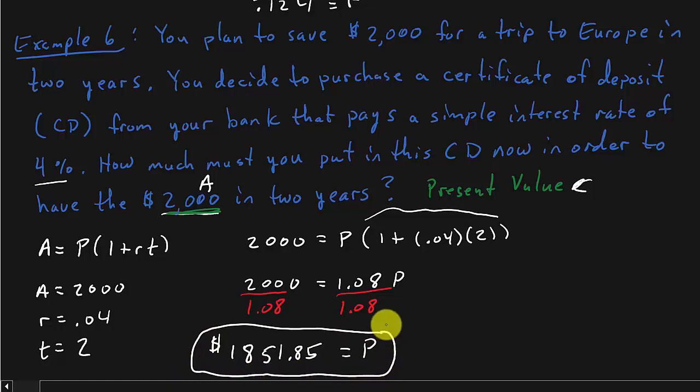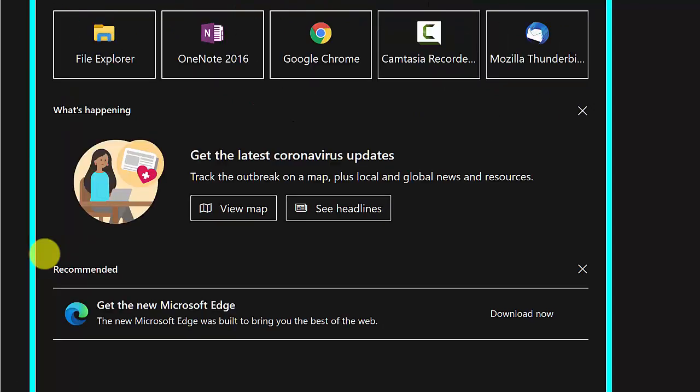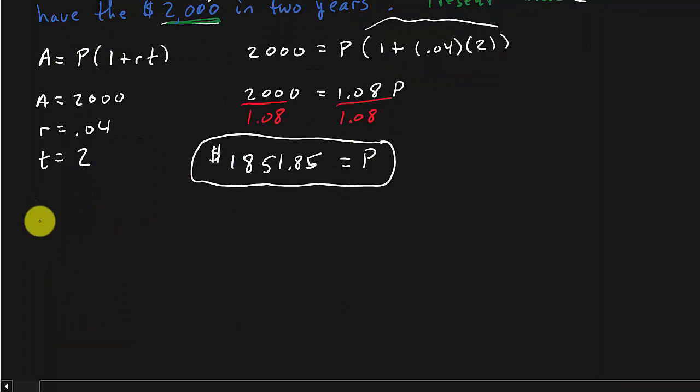Okay. Now that right there was to look for the present value. Now, in some books, what they do is they actually give you a formula for present value. All right.